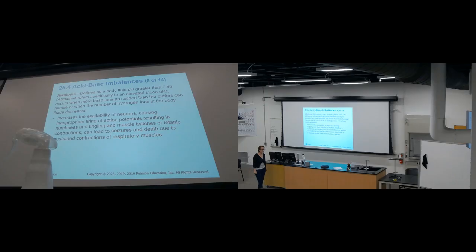So that's acidosis. Now for alkalosis, the opposite, where you have low levels of hydrogen ions. So this will lead to alkalemia, which is having a pH of 7.45 and above. And since you need to have these hydrogen ions, you will have a lower respiratory rate.